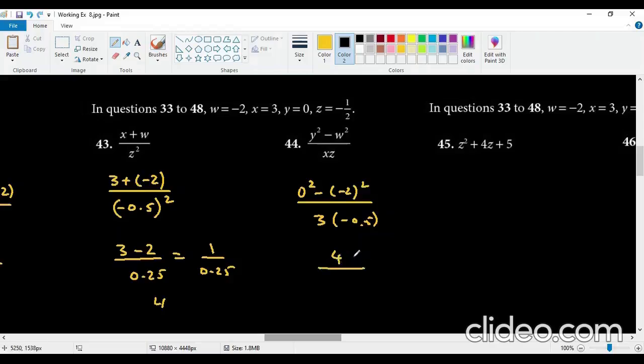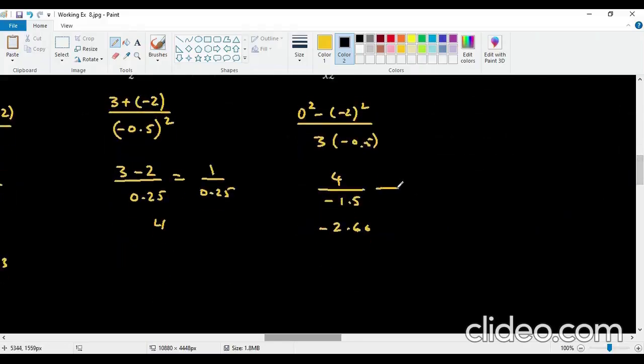Now 3 times negative 0.5 is going to give you negative 1.5. So 4 divided by negative 1.5 is going to give you negative 2.66. You can write 2 whole 2 over 3.